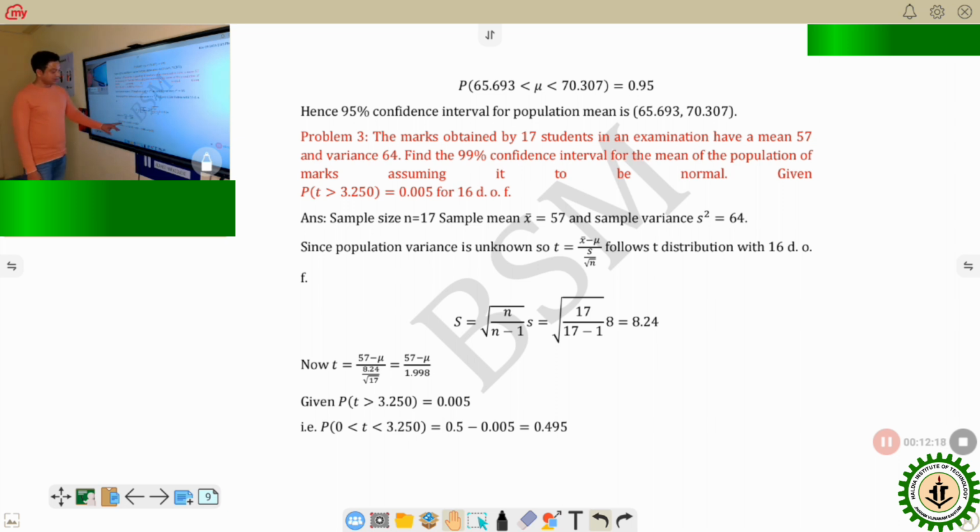It is given that t greater than 3.250 equals 0.05, and here the degrees of freedom equal 17 minus 1 equals 16, where 17 is the sample size.